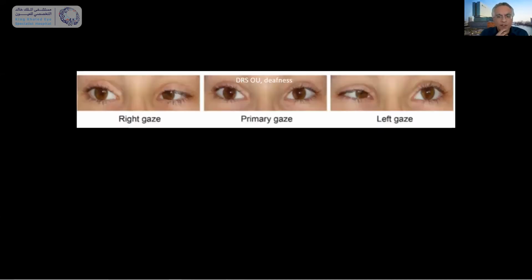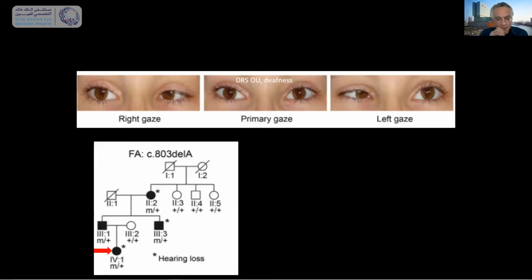Here's a woman with Duane syndrome in both eyes, and she also has deafness. Here's her pedigree. Some individuals have unilateral Duane syndrome. Some individuals don't have hearing loss. When you see familial Duane syndrome, especially when it's bilateral, you're more likely dealing with a gene mutation. This patient has the most common gene mutation that causes Duane syndrome.